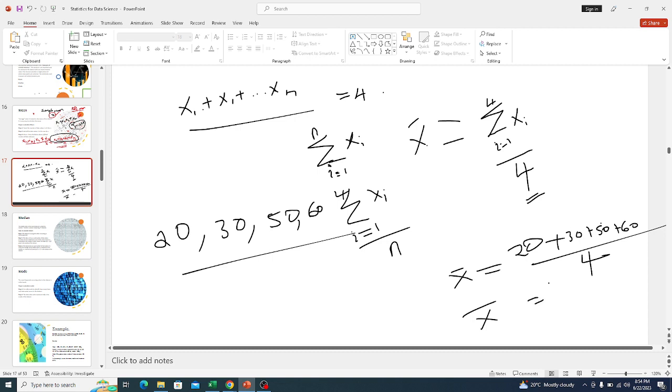So it will be 160 divided by 4, and 160 divided by 4 is 40. So our x bar, or our sample mean, will be 40. Generally, this is how we calculate the sample mean.